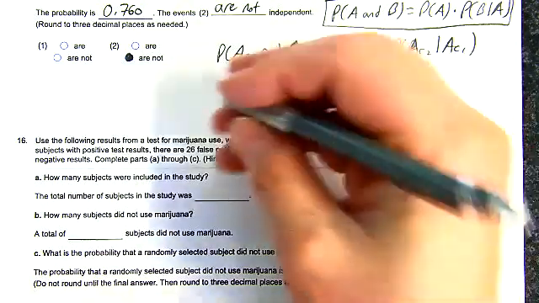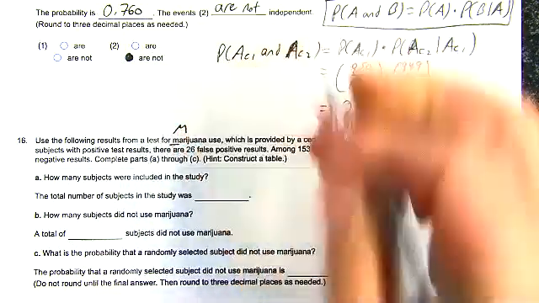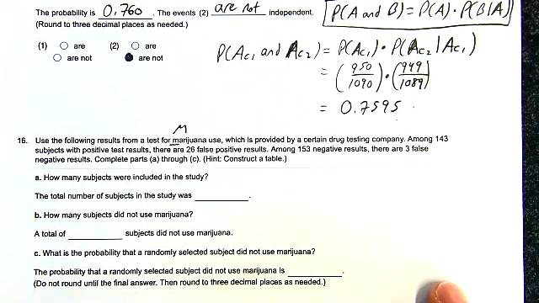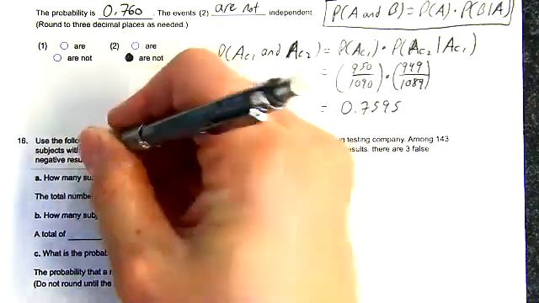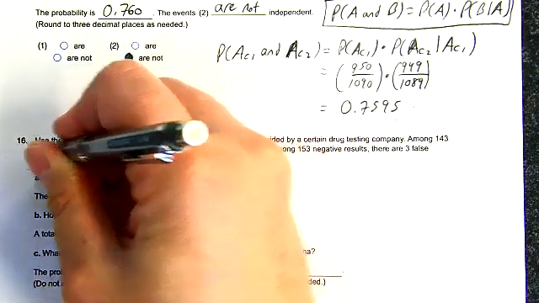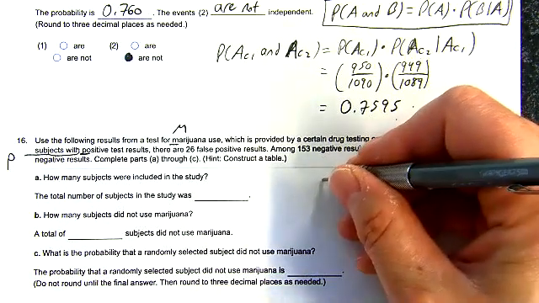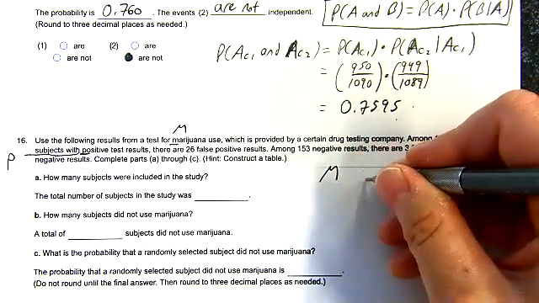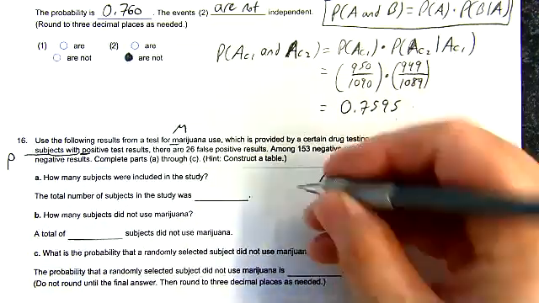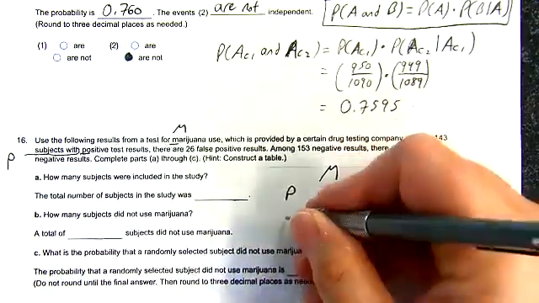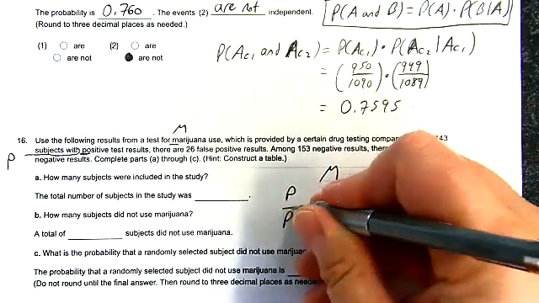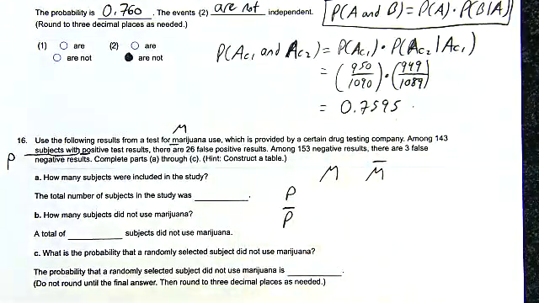So we're looking at marijuana use, so let's use M for that. And we're looking at a drug test where you can either be positive or negative. So let's use P for positive. So our table would have 4 squares in it. The person used marijuana, the person did not use marijuana. The person had a positive drug test, the person had a negative drug test, which we'll use as P bar.